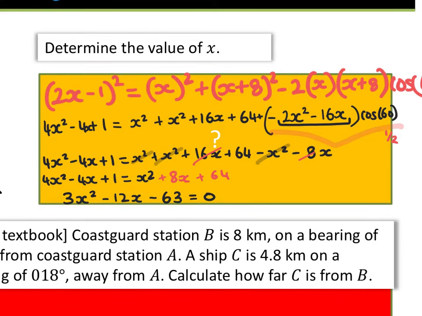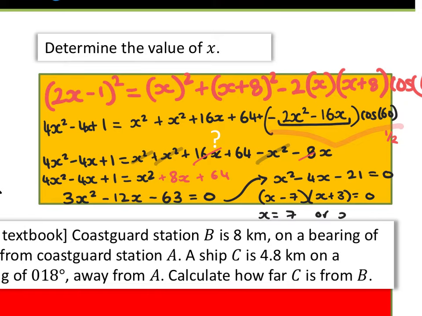Now, if I wanted to, I could divide everything by 3 to make it easier. So x squared minus 4x minus 21 equals 0. So that means I'm going to get x minus 7, x plus 3 equals 0. So x could equal 7 or x could equal minus 3.